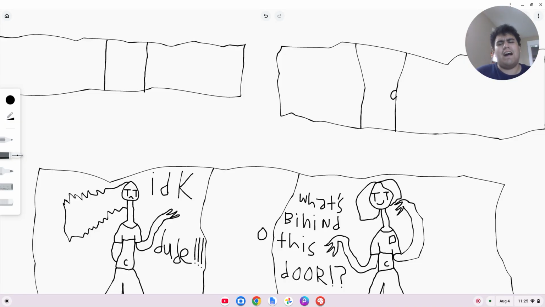It didn't matter how big the door has to be, I just left it big like that. I also wrote a little description of what the characters are saying in the panel. So let's see what they're saying. The one on the left or right is saying, what's behind this door? And the other dude is saying, I don't know, dude.